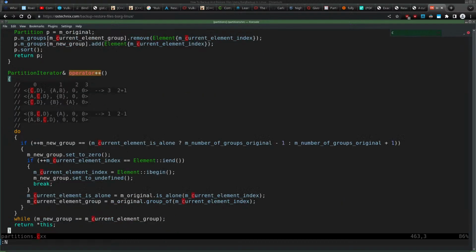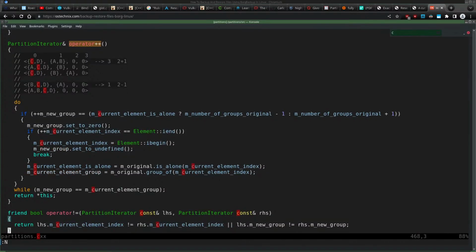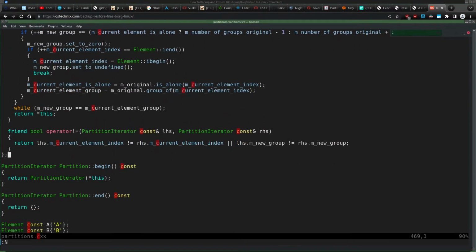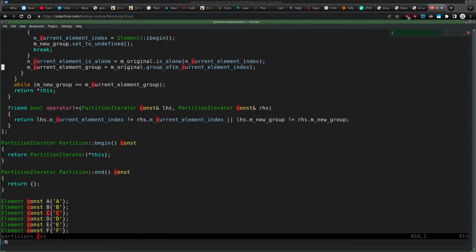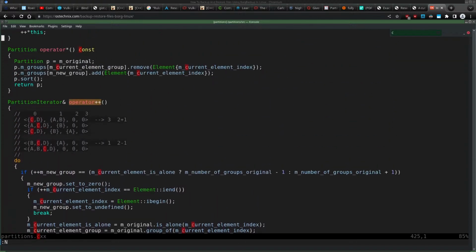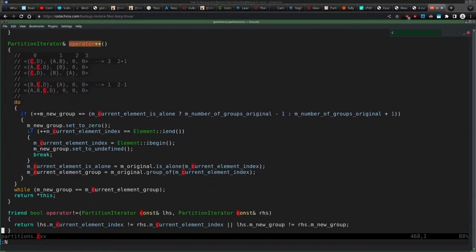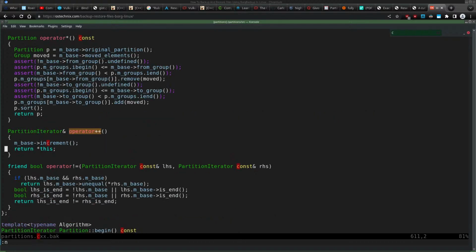Also a member of partition operator, I hope. Yep, quite obviously. And they both returned this pointer. But this one calls increment on the base class.